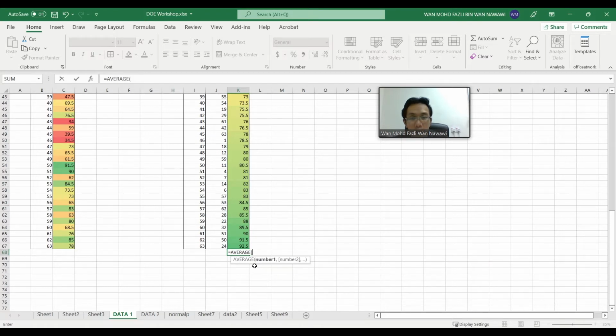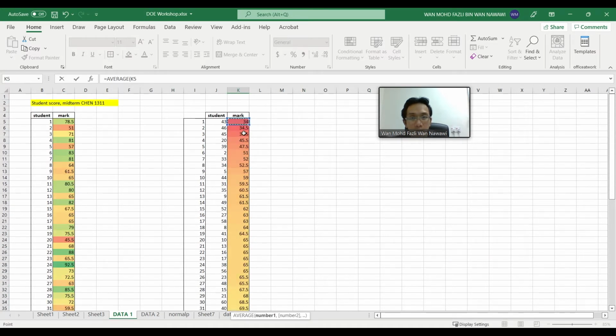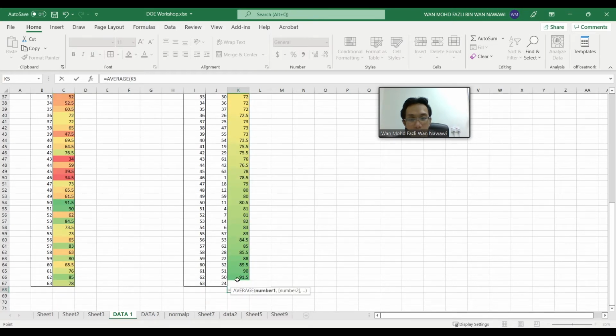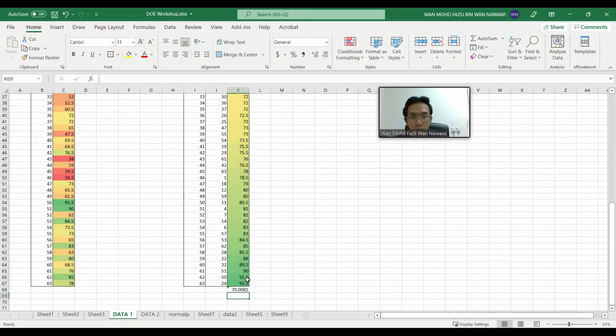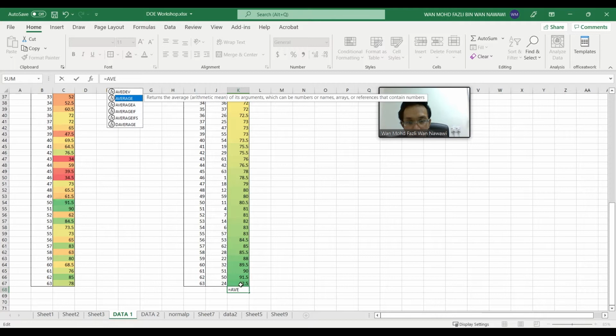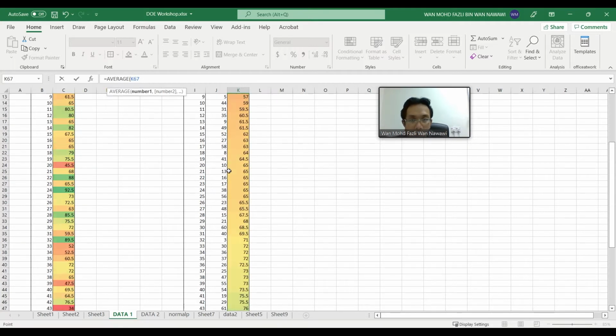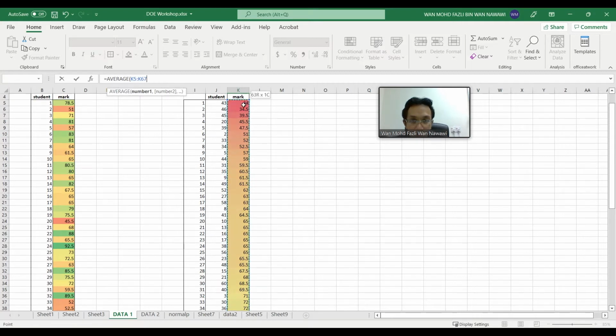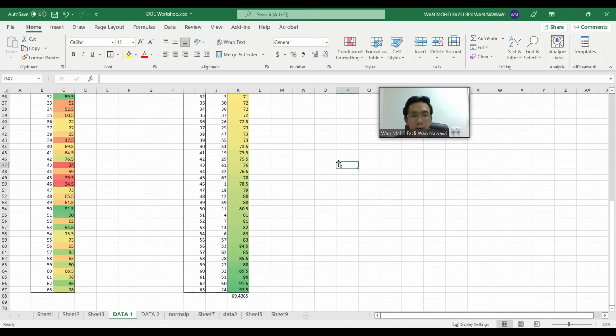So you click average, and then you take from here to the bottom, or rather, average from here to the top. Okay, and then enter. You get that average, 64.